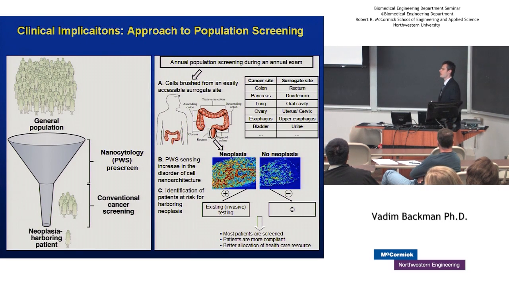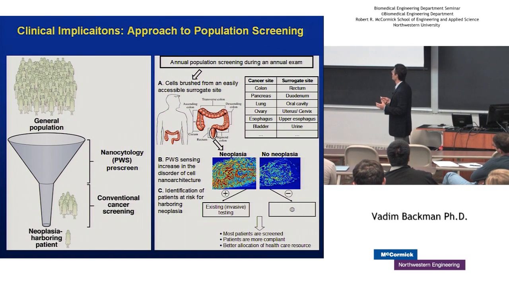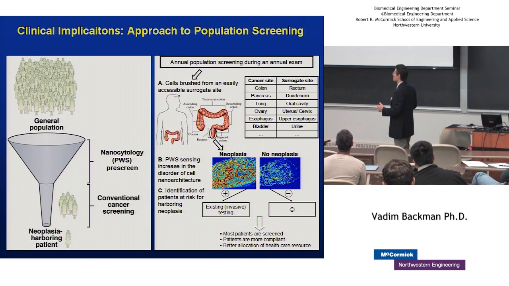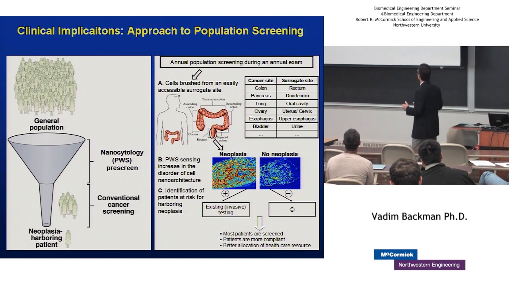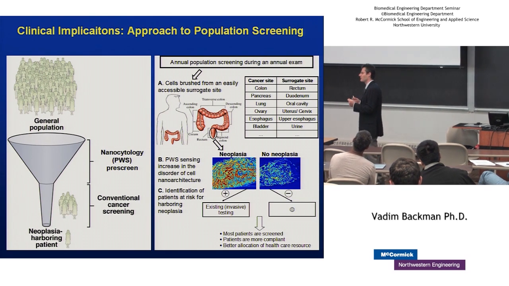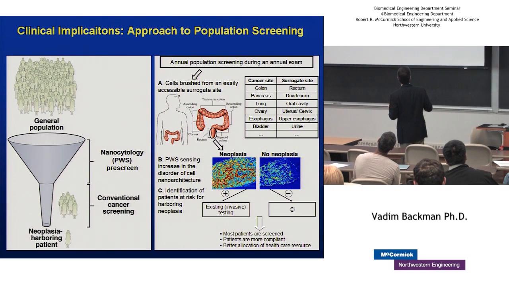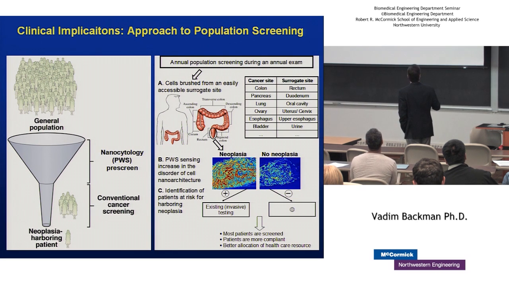On the clinical side, I think our paradigm should be clear: we would like to use nanocytology as a pre-screen for a variety of cancers. In most cases, you can find an easily accessible surrogate site from which you can obtain cells fairly easily. Colon cancer would be rectum. In the case of lung cancer, oral cavity. In the case of pancreas, duodenum.